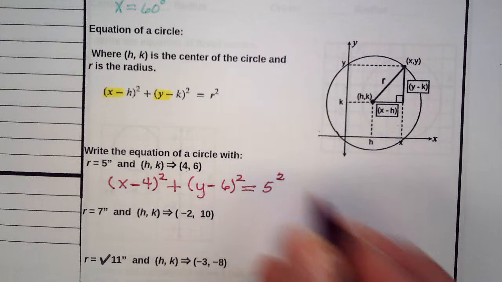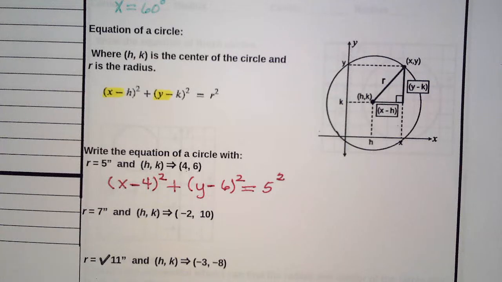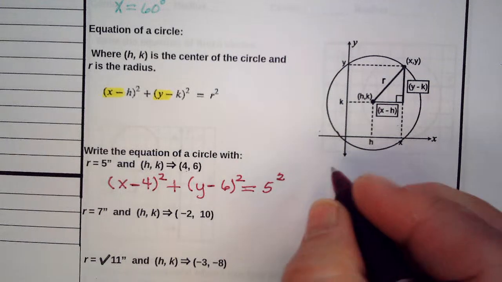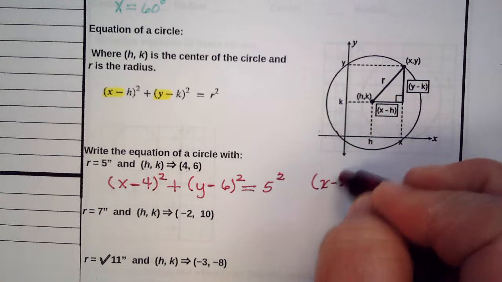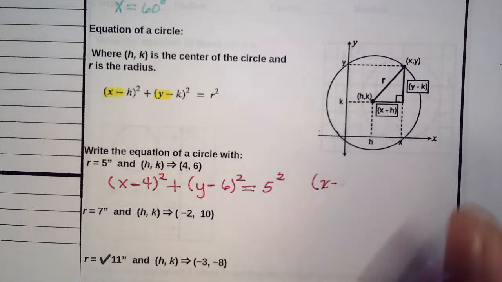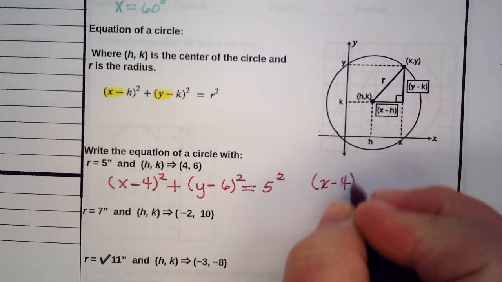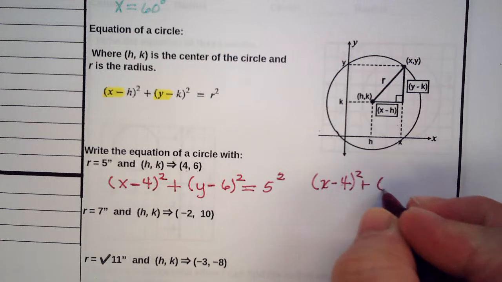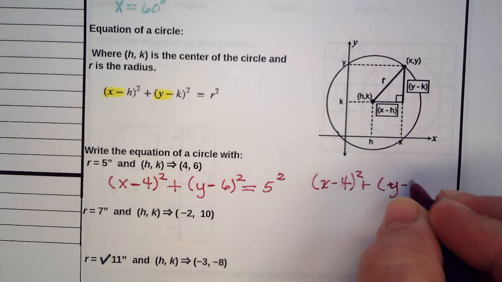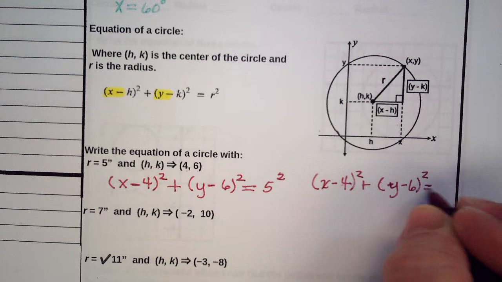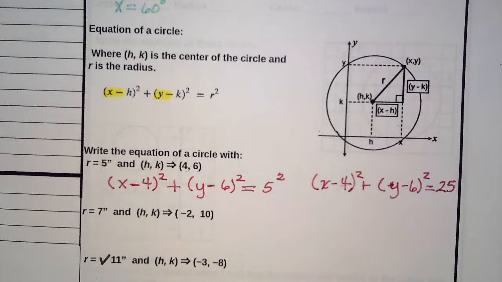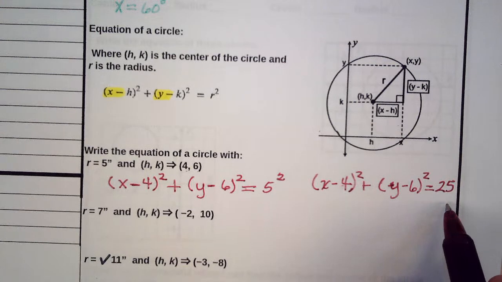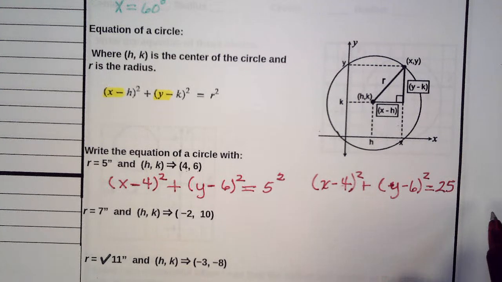And that will be squared. You can leave it like that, or you can go x minus 4 squared plus y minus 6 squared equals 25. Either way is equally correct. Most of the time you'll see the 5 squared set out like this.